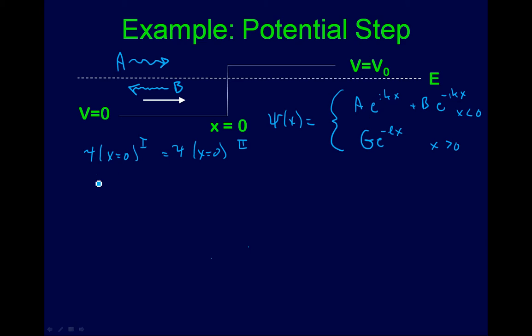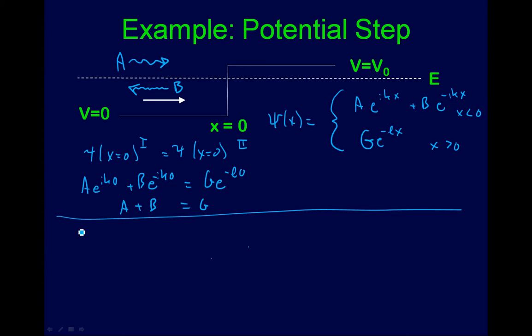And so region 1, I have A e to the ik0 plus B e to the, it should be negative ik0, and I want that to equal G e to the negative L0. And so what this works out to be is A plus B equals G. So that one works out to be not too bad.